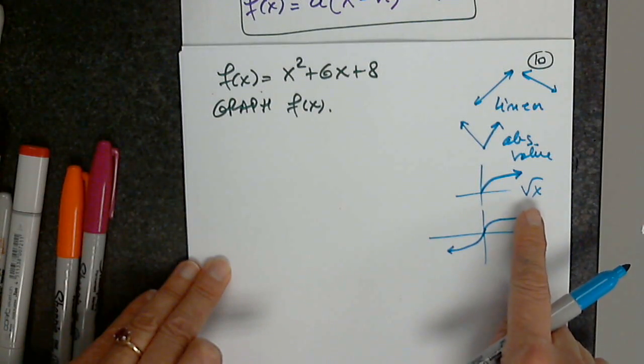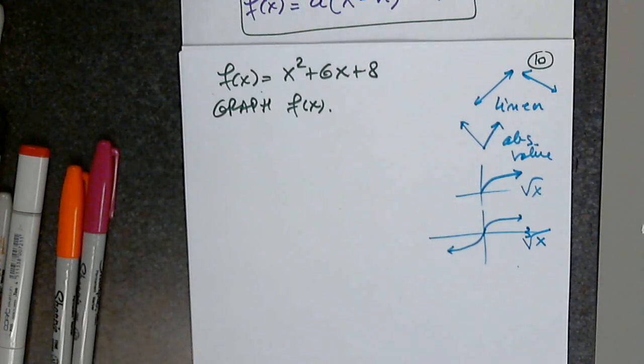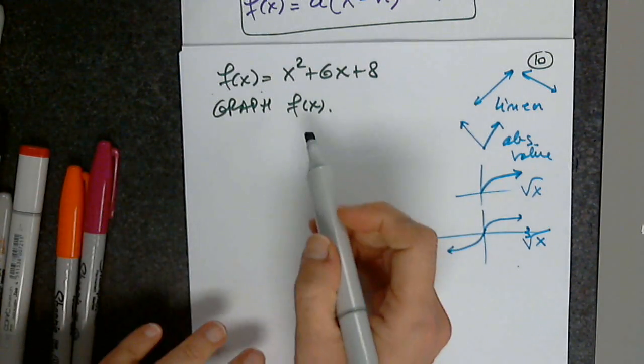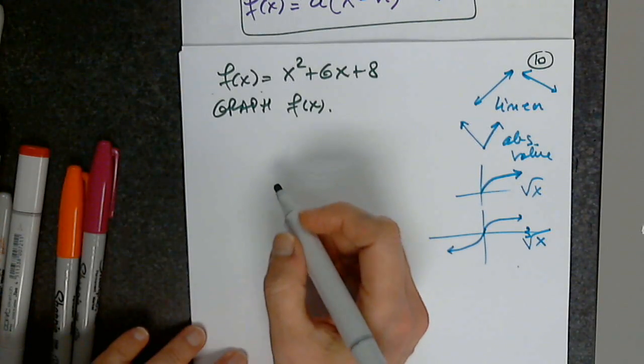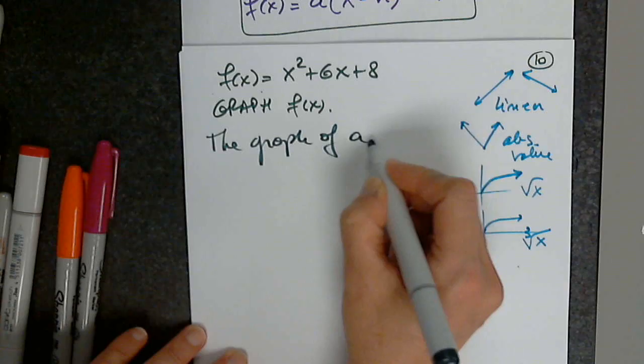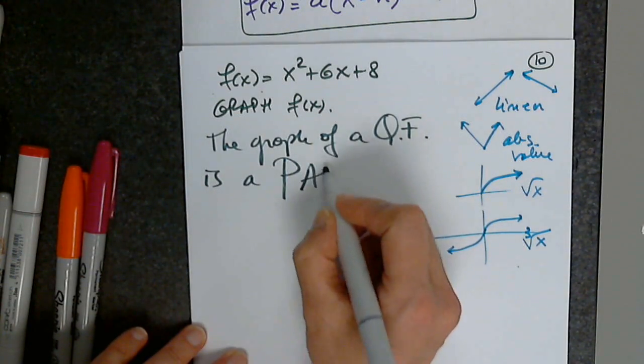Same thing, but with an odd index. Exactly. Now we're adding the 5th graph to our list of graphs. The graph of a quadratic function is a parabola.